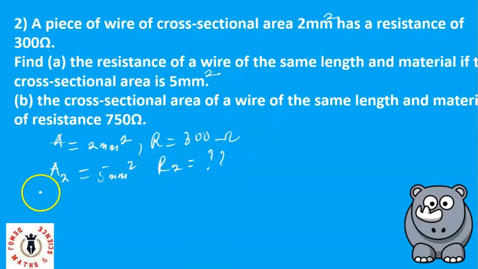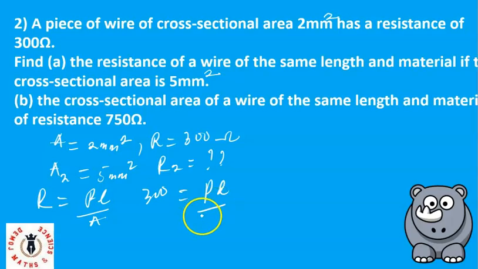Now from our formula, R is the same thing as rho times length over area. So we'll be saying that 300 is the same thing as rho times L over 2.